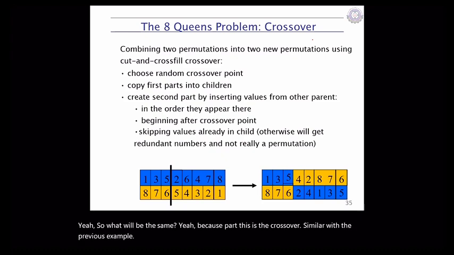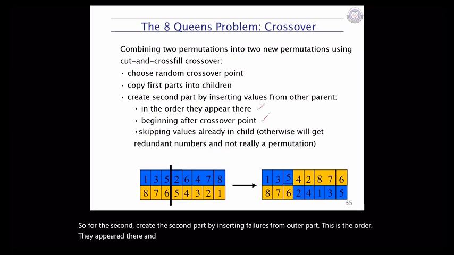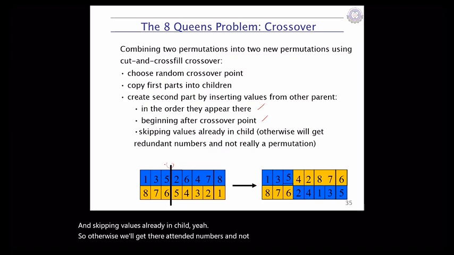And then we change the second part. We create the second part by inserting values from the other parent in the order they appear there, beginning after the crossover point, and skipping values already in the child. Otherwise we'll get redundant numbers and not really a permutation.